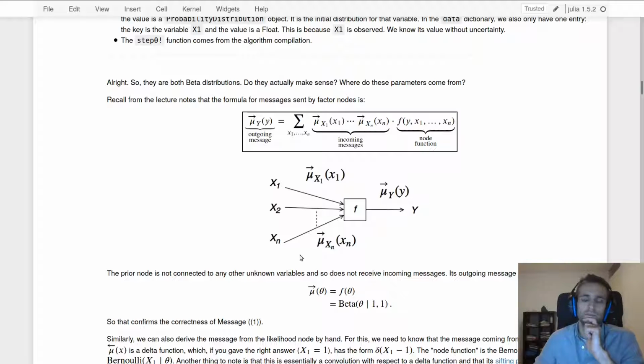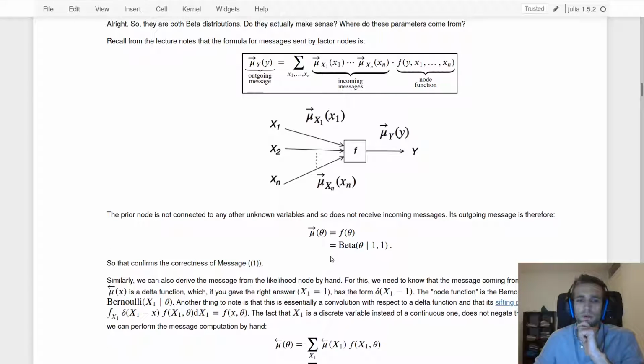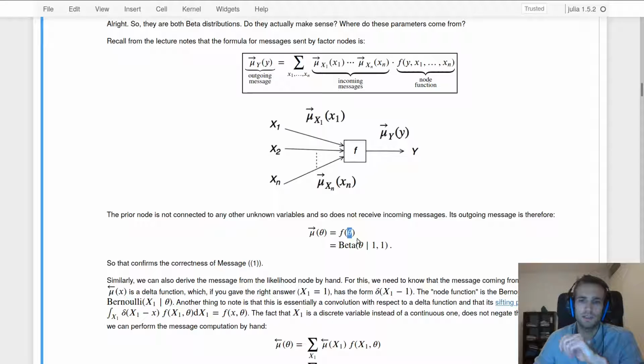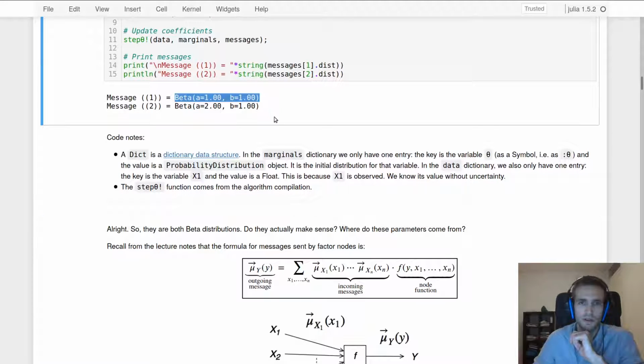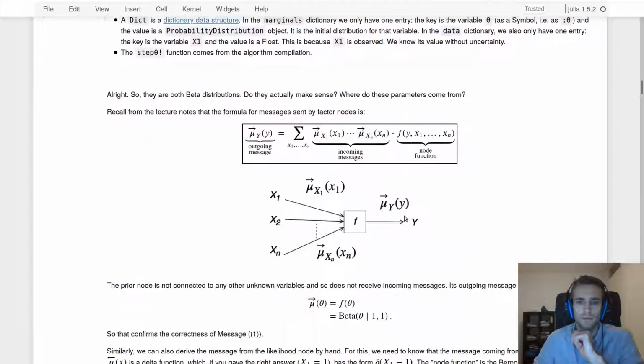So the prior node is not connected to any other unknown variables, so its message for theta is just its standard distribution. It's a terminal node, there's no summing over other unknowns. So that is a beta distribution of 1,1, which verifies the first message Formulab built.